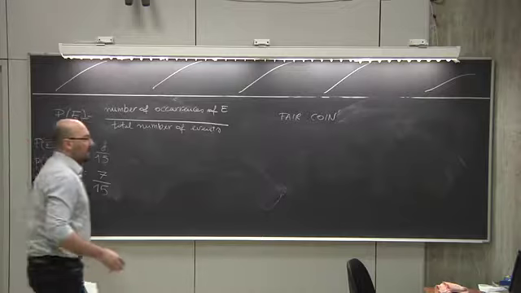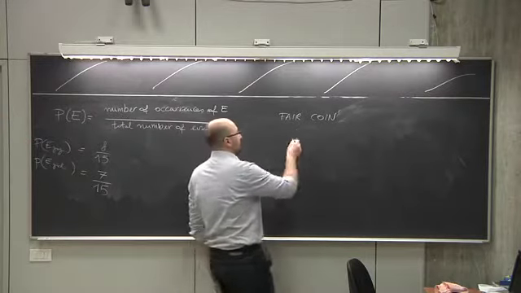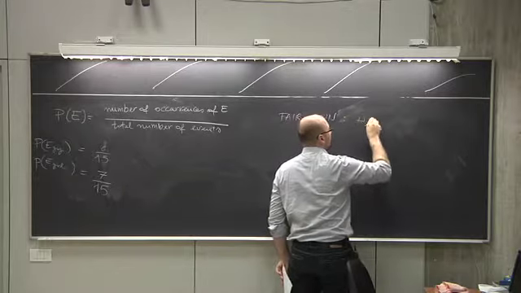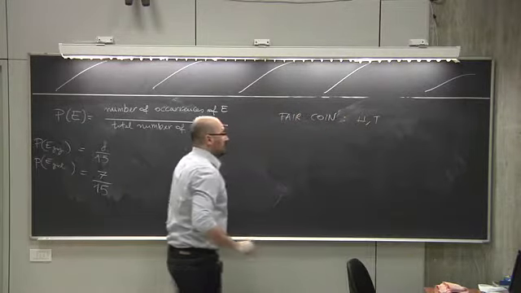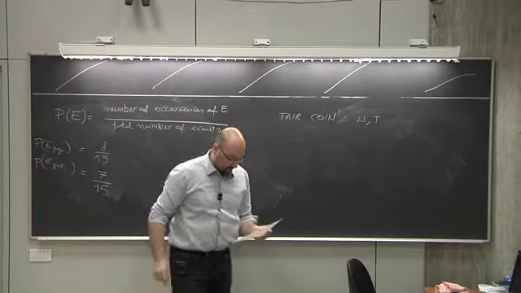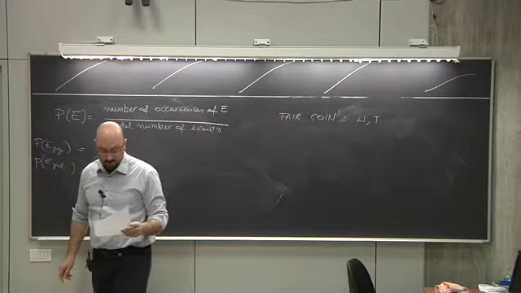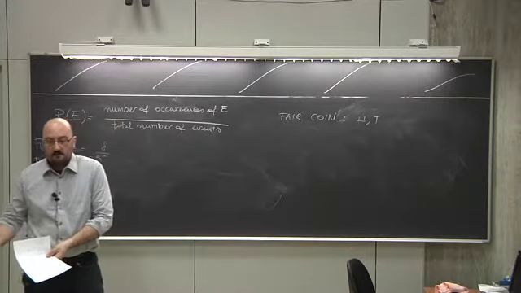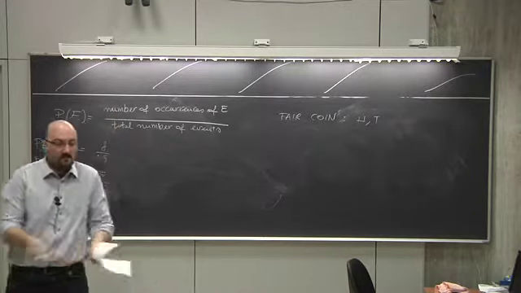So for example, for a coin, I can have head or tail. These are two mutually exclusive events, right? If I have head, I don't have tail, and vice versa. If I have tail, I don't have head.